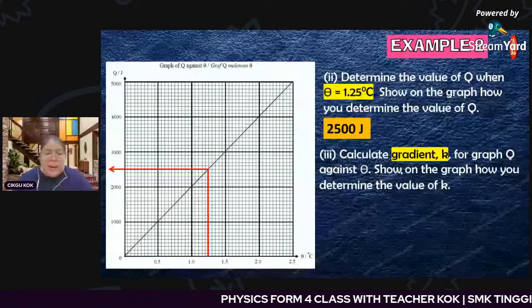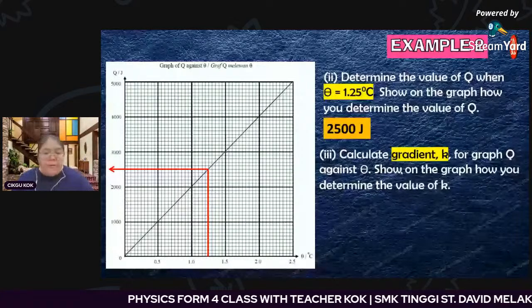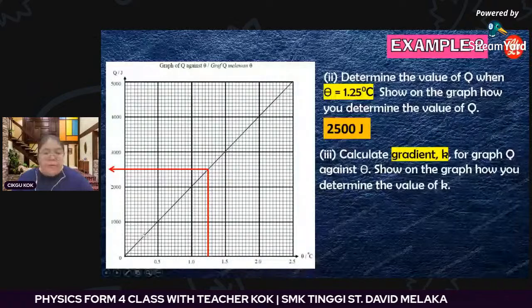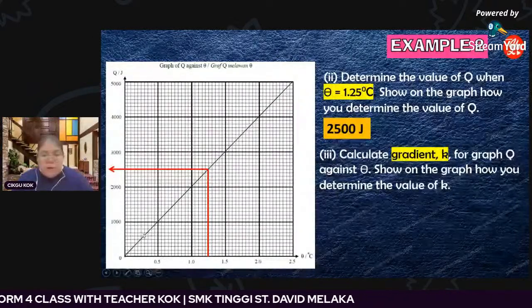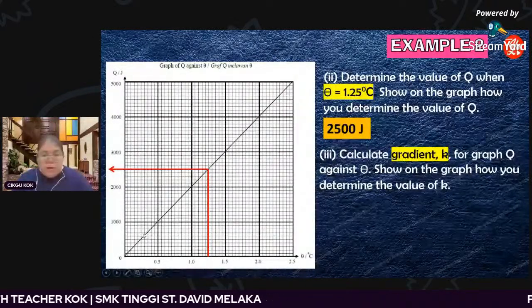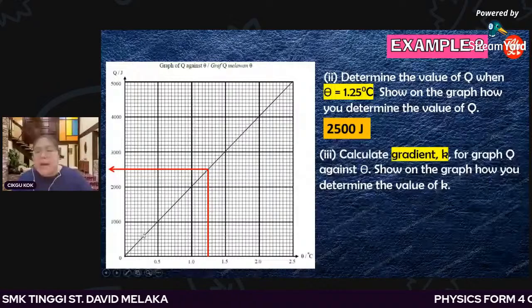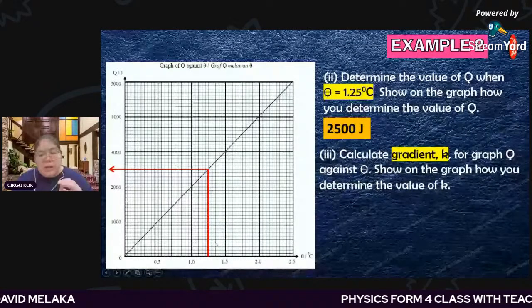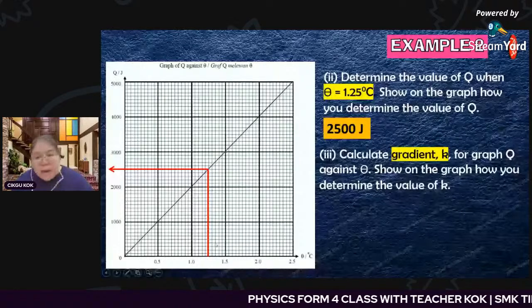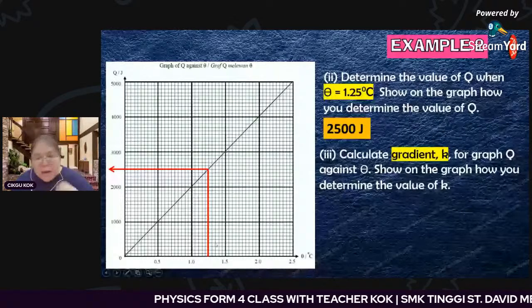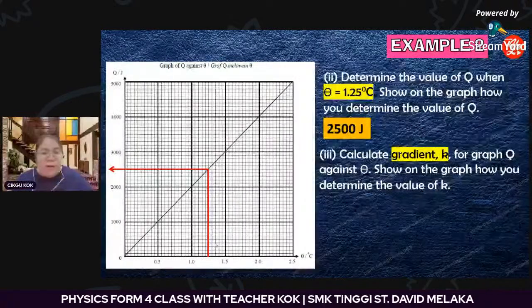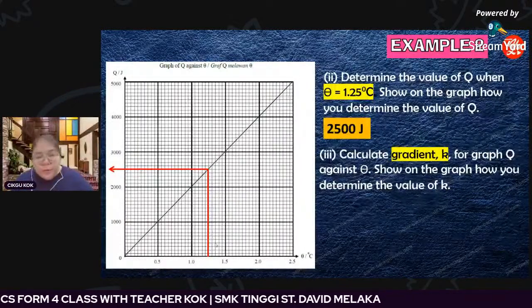What means 4 times 4? 4 boxes. This one is 1 box, 2, 3, 4. This one is the minimum size. If you take 3, then we cannot give you the marks. Normally the gradient is 3 marks. One, you draw the triangle. Second, you do the calculation. Third, you write the answer with unit. That means you get 3 marks.